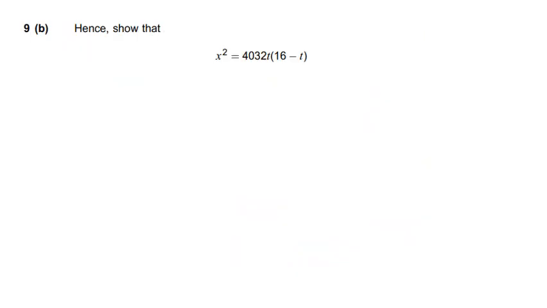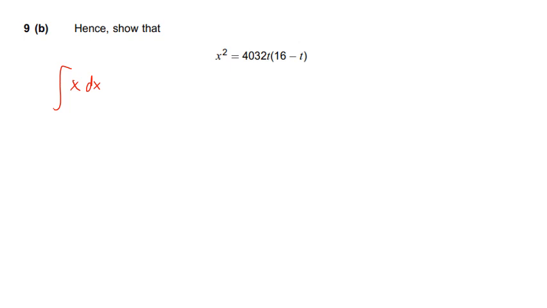9b, hence show that this is true. So when we rearranged it in the previous part, that was so we could use separation of variables.